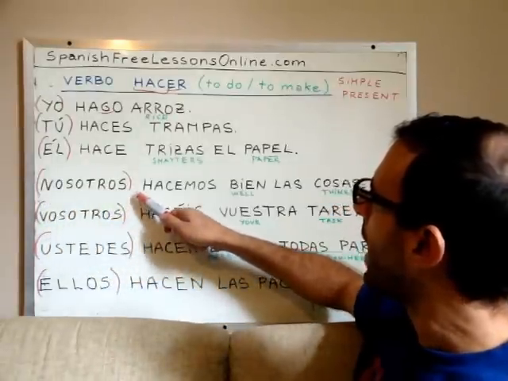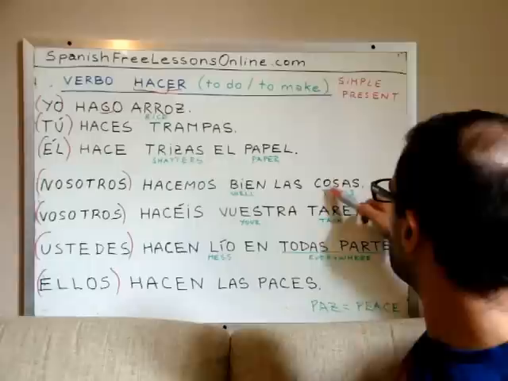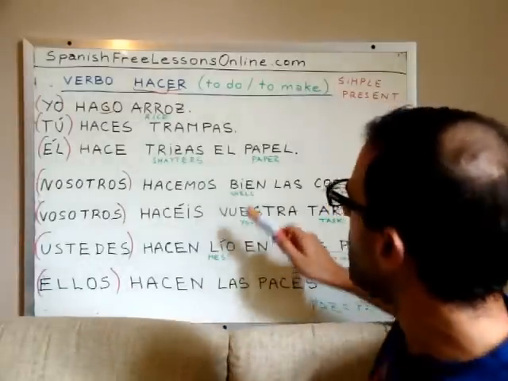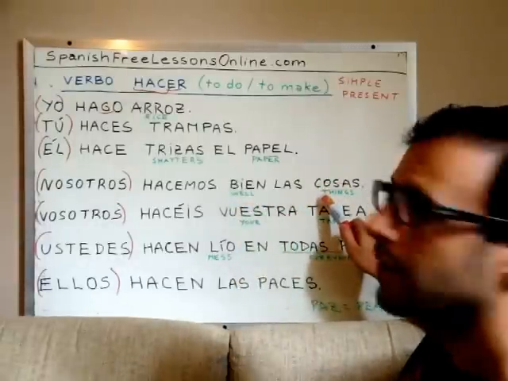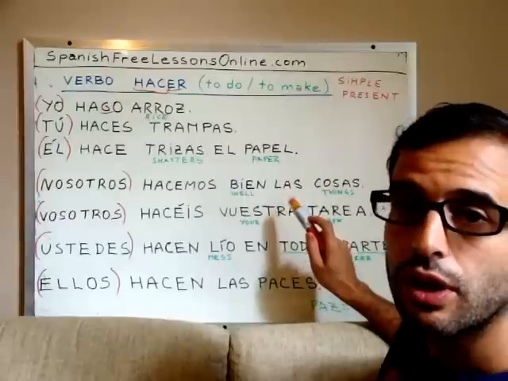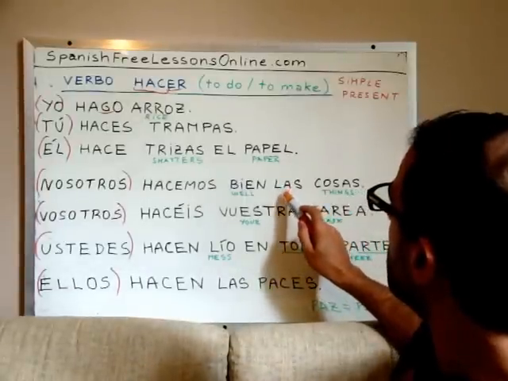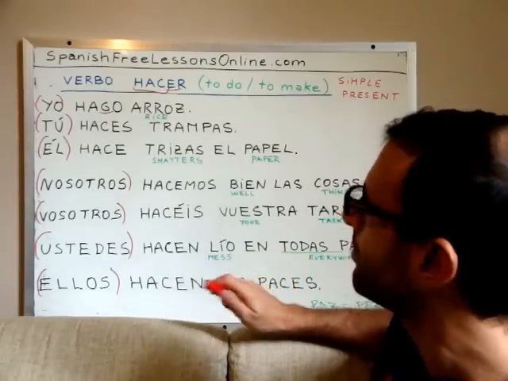Nosotros hacemos bien las cosas. Bien means well. Cosas means things in plural. Of course, it is a feminine noun, so we have a feminine and plural article here in las.